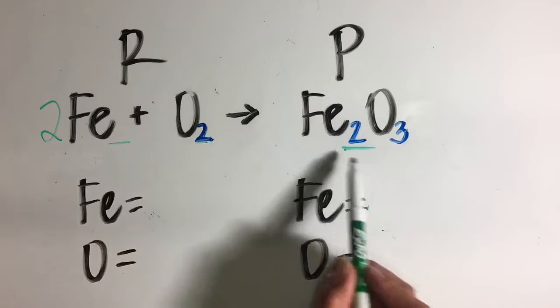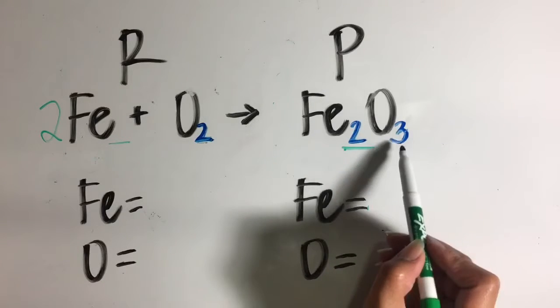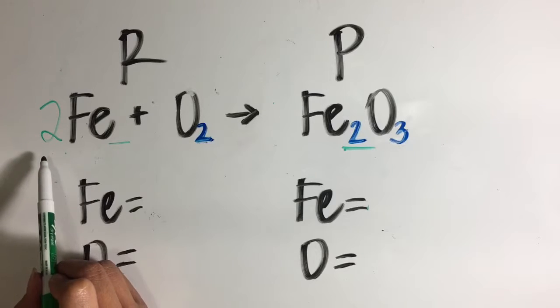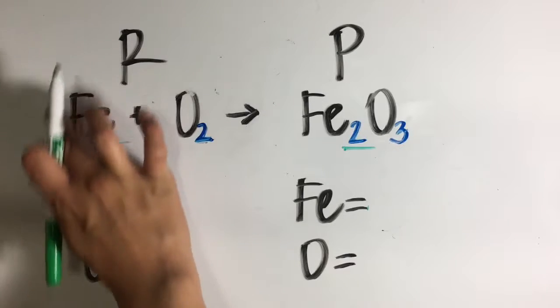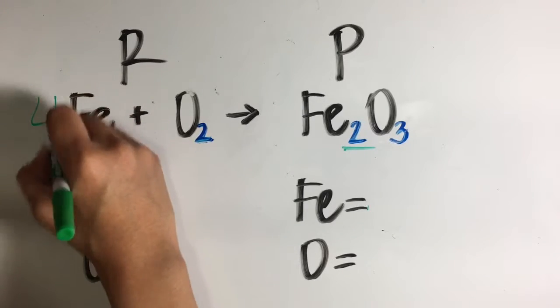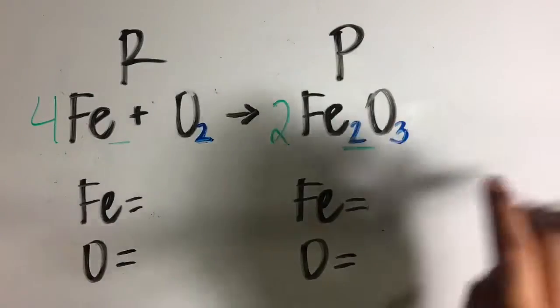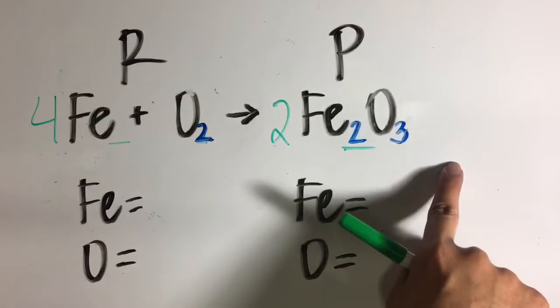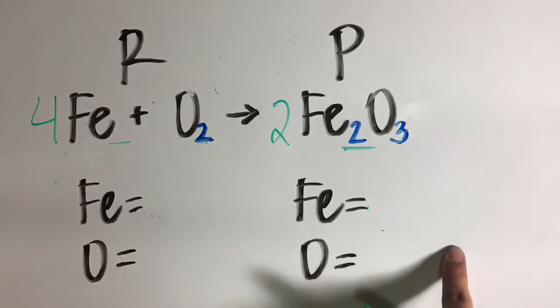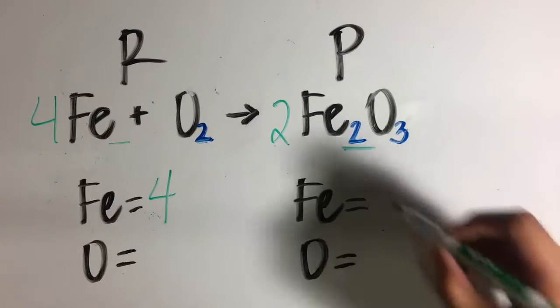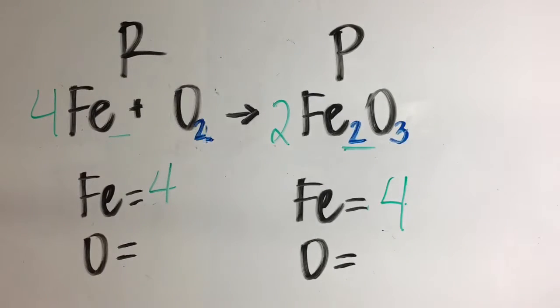While that would balance iron, it would not, however, balance the oxygen atoms, which means you have to replace 2 with a higher number. I would replace it with a coefficient of 4, so then I could add a coefficient of 2 in front of the iron oxide compound on the product side, which then would give me a total amount of 4 atoms of iron on both the reactant side and the product side.